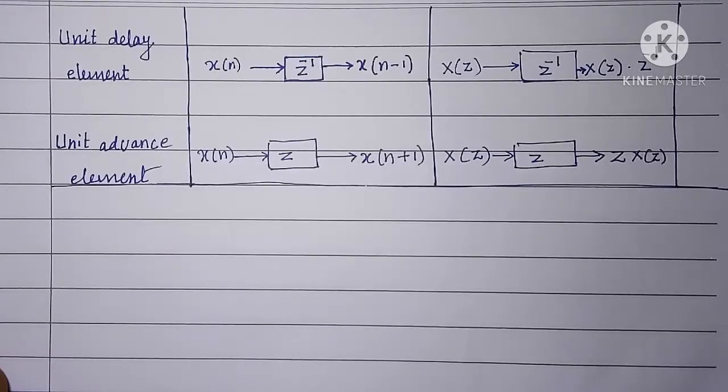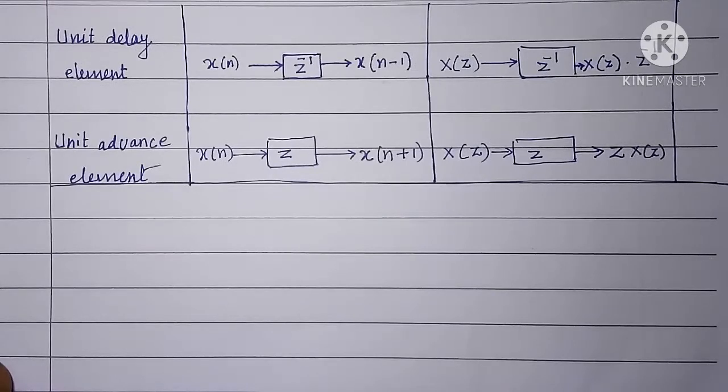We can have different types of structures for realizing the IIR systems. Those structures are direct form 1 structure, direct form 2 structure, cascade form structure, and parallel form structure.